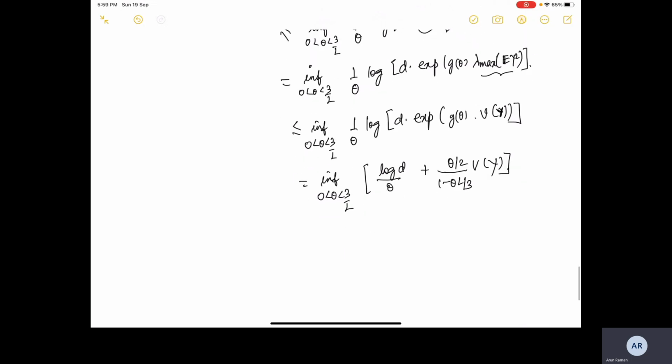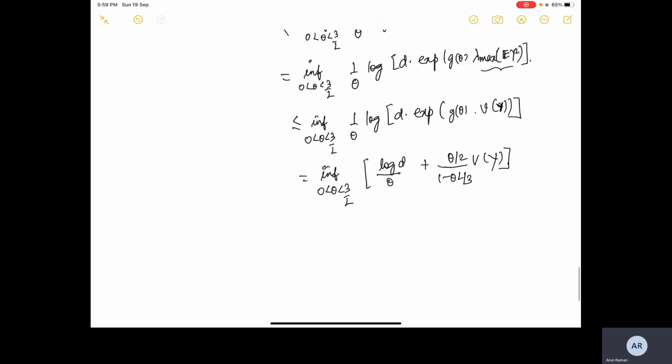Here the infimum exists and the theta that minimizes this expression has also been found, but we will not worry about it. We will just forget it because there are no new ideas. It is just calculus.